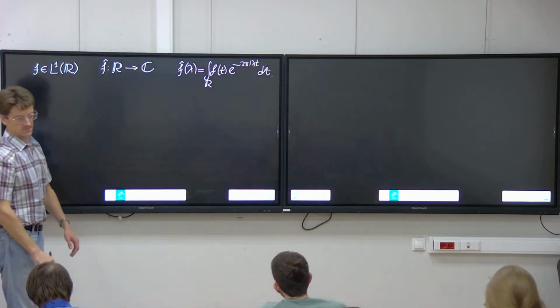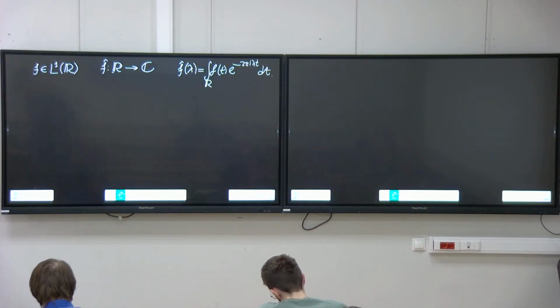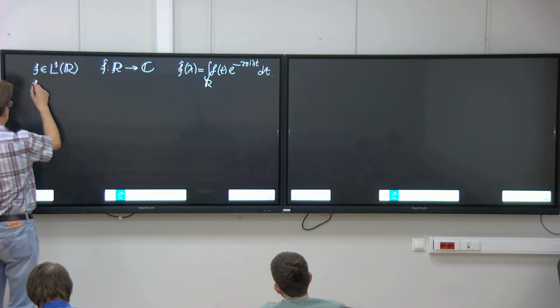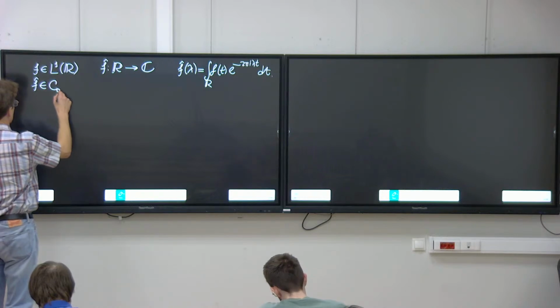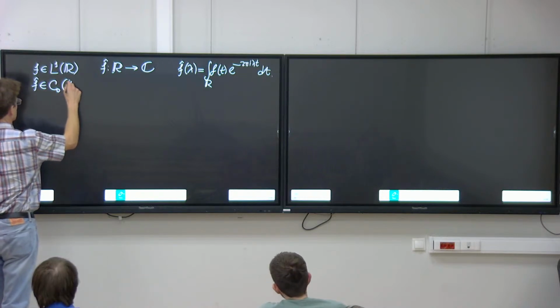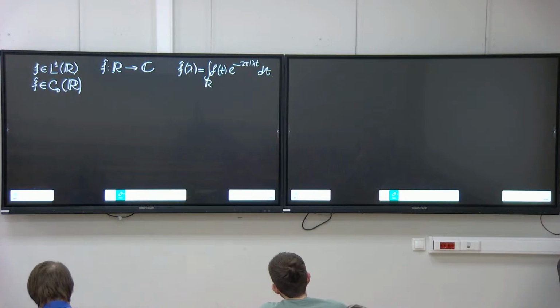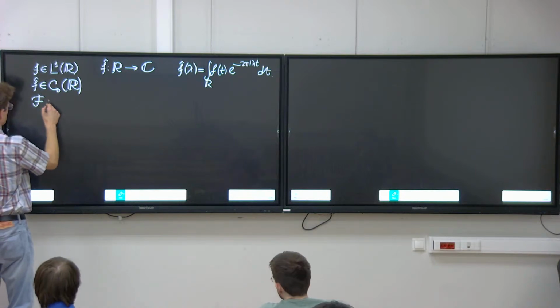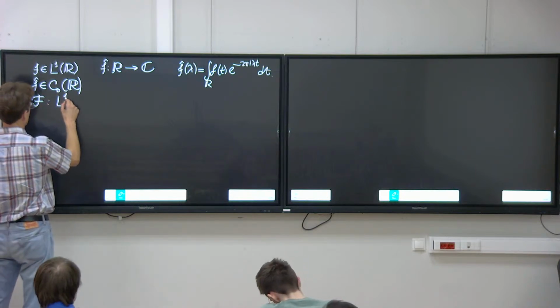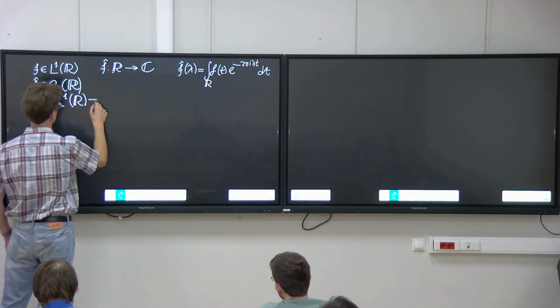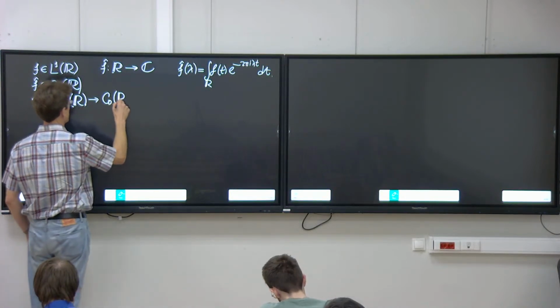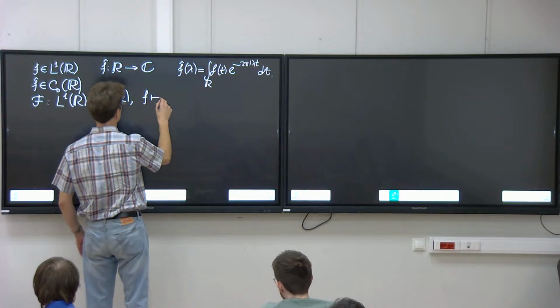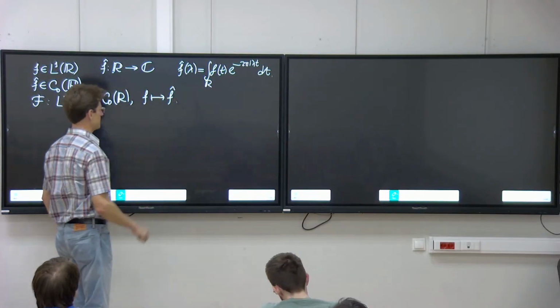So this is the Fourier transform of f. We observed at the previous lecture that this function f hat is actually continuous and vanishes at infinity. This is the so-called Riemann lemma. So we have a map, script F, which acts from L1 of R to C0 of R, and it takes every function f to the Fourier transform f hat.